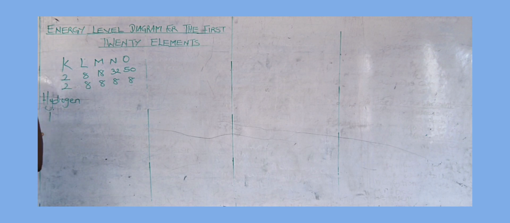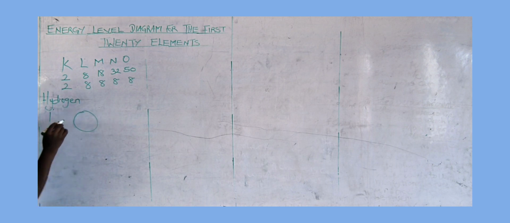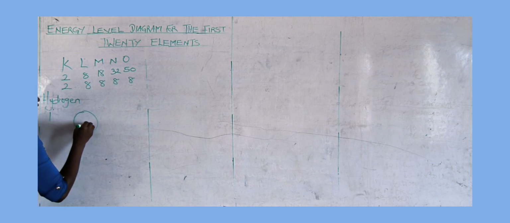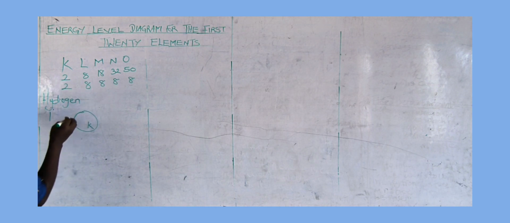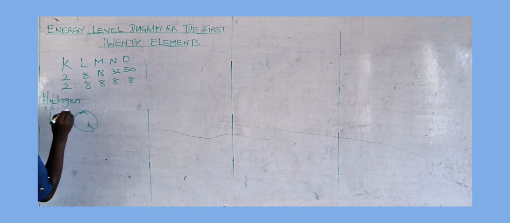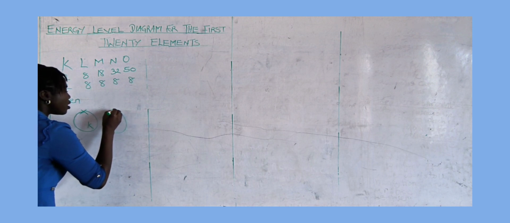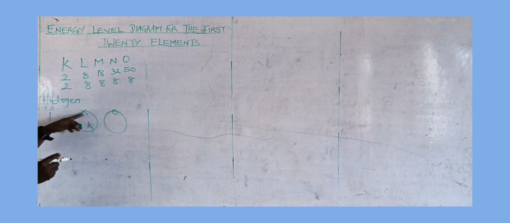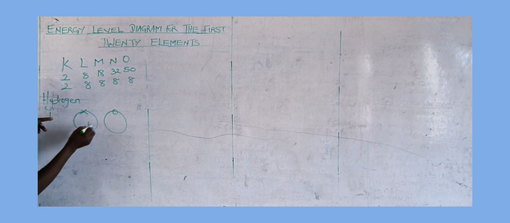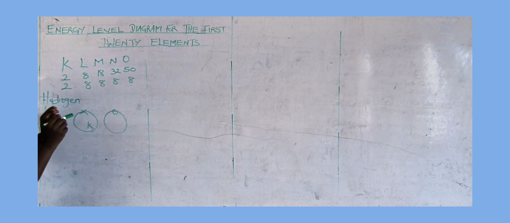So because hydrogen is just 1, we are going to draw only a circle. This is our hydrogen. This is our K orbital. And how do you represent the electron on this circle? You can use your X, or you can as well use a circle around here for your hydrogen. This X represents the electron that will be on hydrogen. And also this circle represents the electron that is on hydrogen, because hydrogen is just 1.